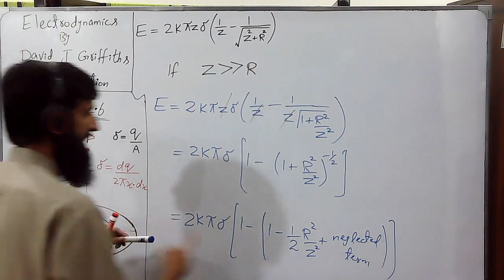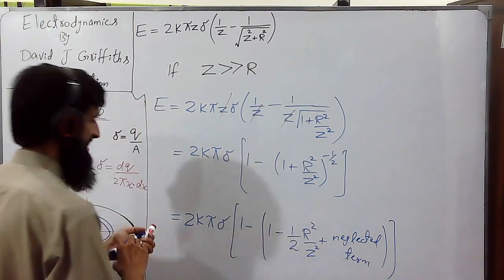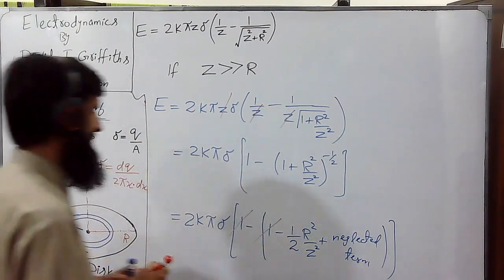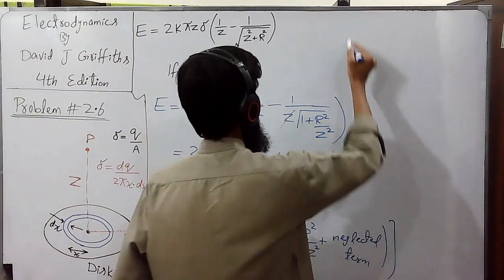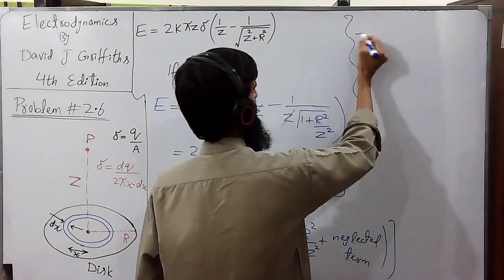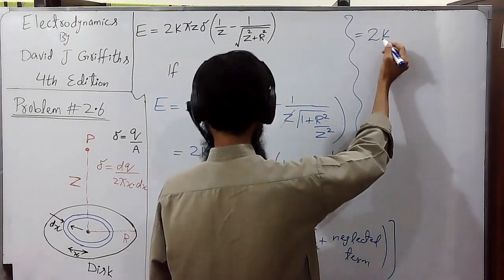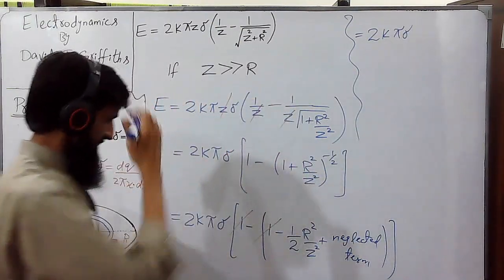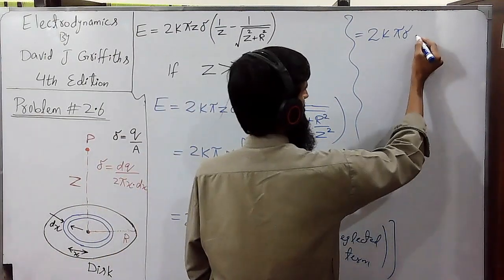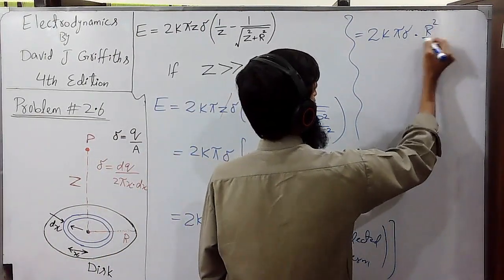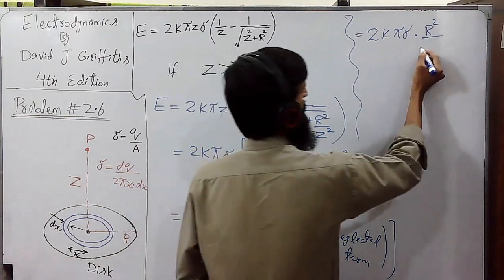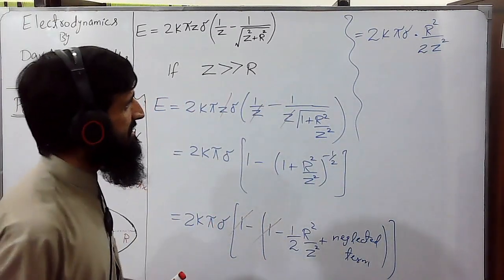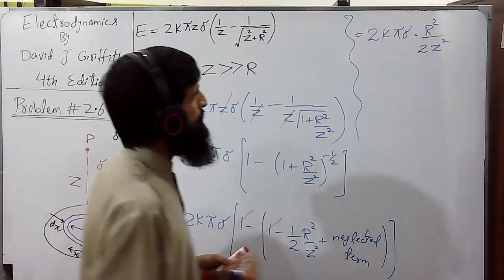Now by multiplying this negative sign into the bracket, both these terms will be cancelled out, and we are left with 2k pi sigma, and it becomes r square divided by 2z square.